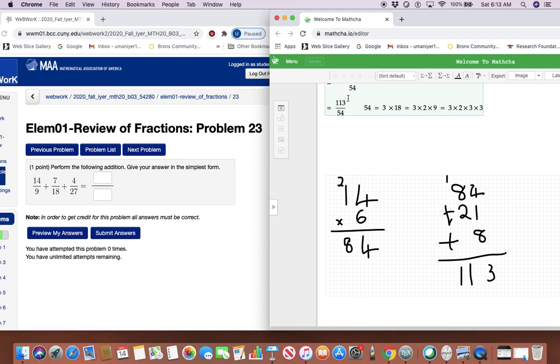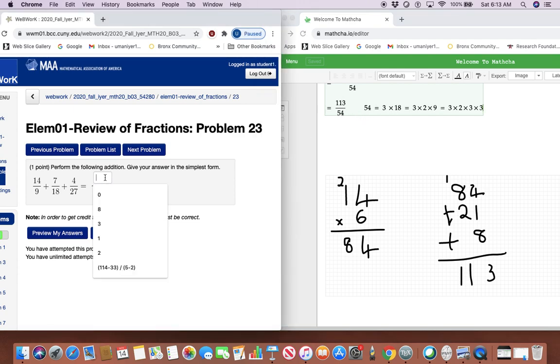Mind you, this test of adding all the digits works for checking 3 and checking 9. No other. Basically we want to check whether any prime factor of the denominator divides the numerator evenly. It does not. In other words, nothing can be reduced. So numerator is 113, denominator is 54.